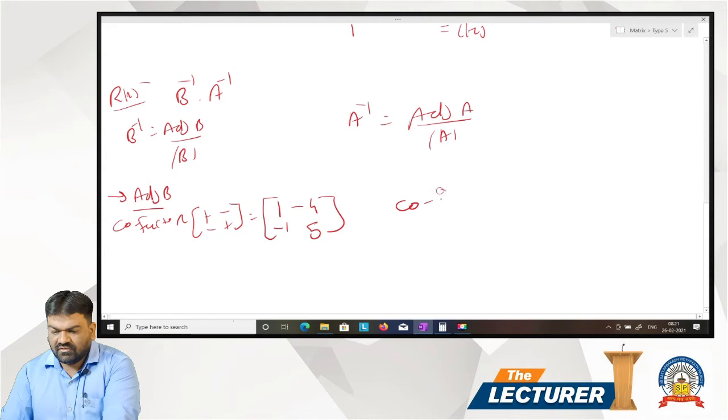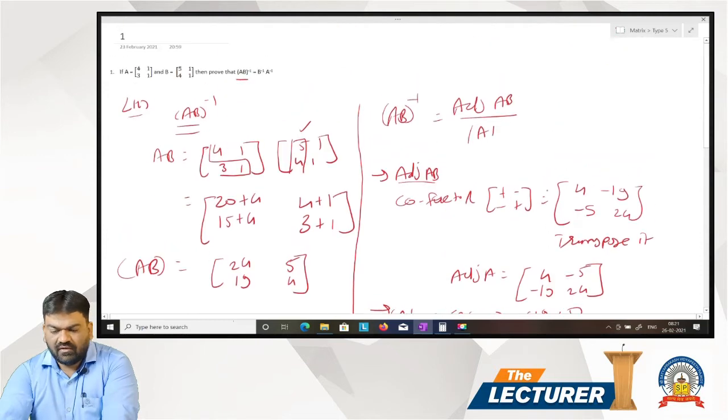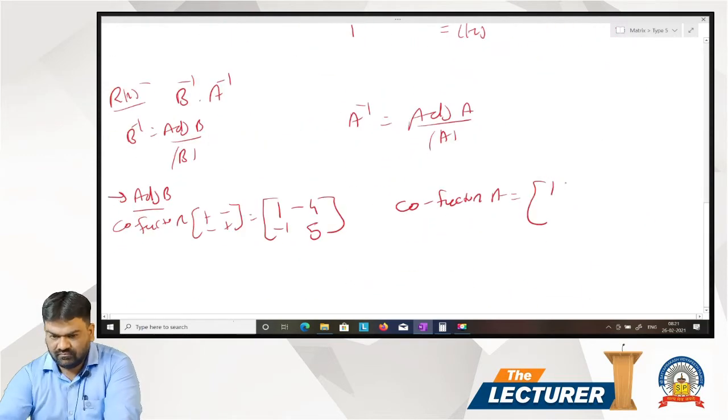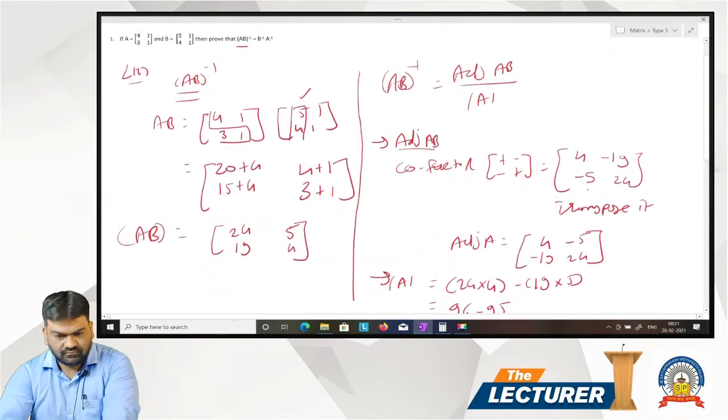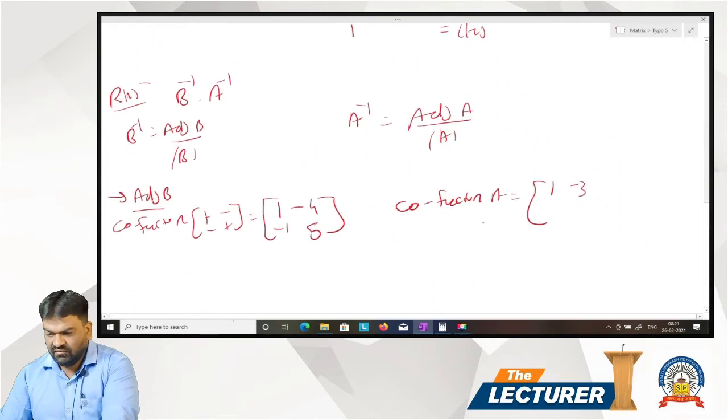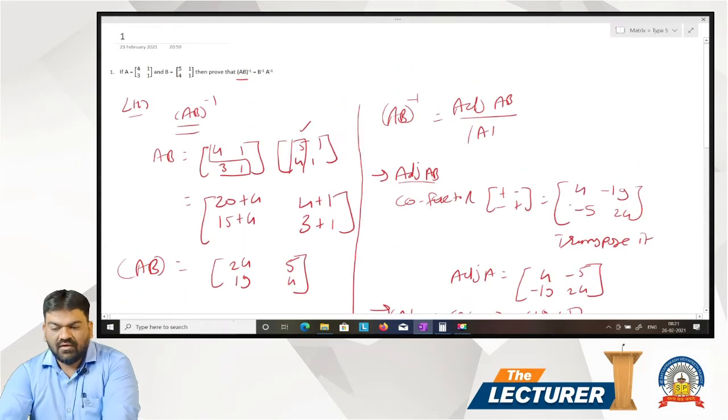Same way, cofactors of A: 4 na 1, 1 na 3 minus, 3 na minus 1, 1 na 4.